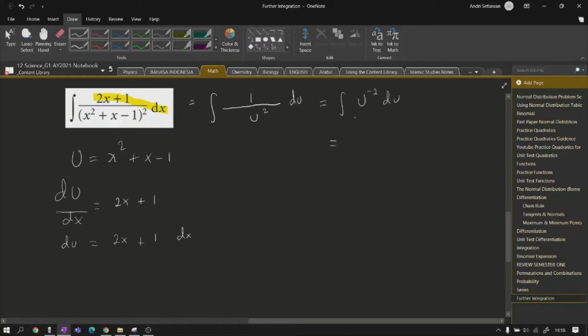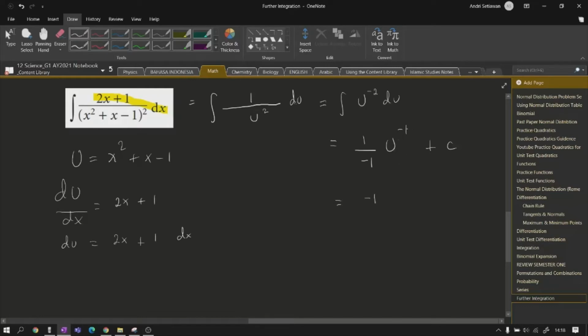Okay, after this, let's integrate this function. 1 over -2 plus 1, u power -2 plus 1. Don't forget, because it is an indefinite integral, we put plus c at the end of the term. 1 divided by -1, we get -1.